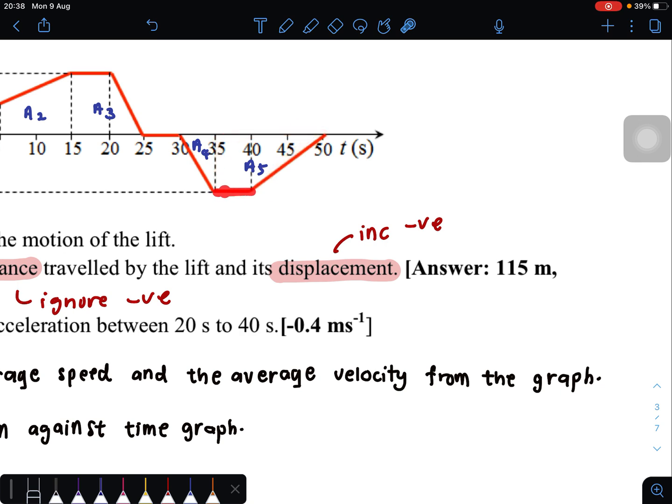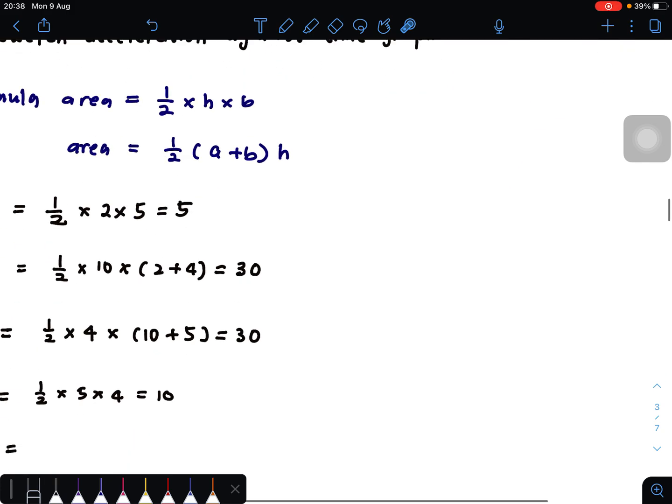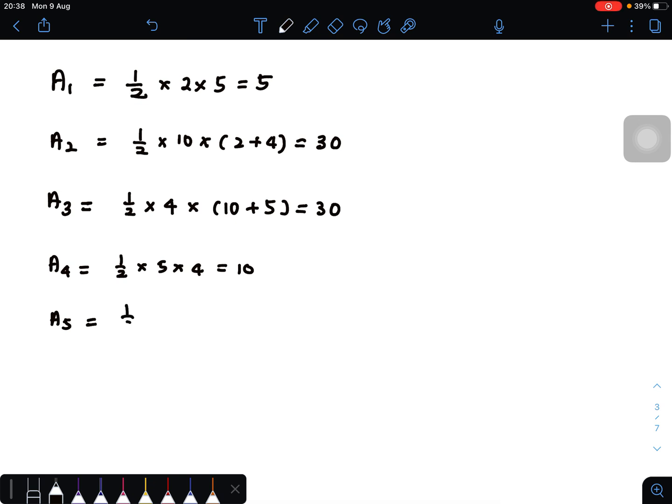So these two sides are 5 plus 15, and the height is 4. 1/2 times (15 plus 5) times 4, and then you will get 40.